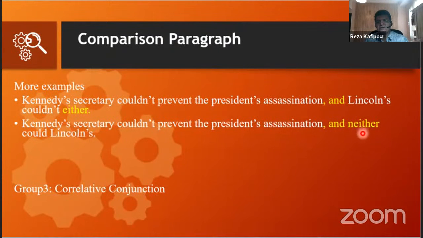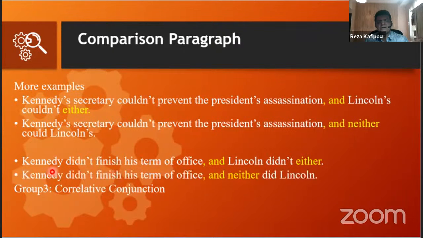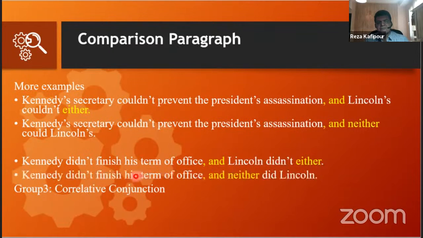So after "neither", we need a positive auxiliary verb. We said because "neither" itself is negative. So the other one, Kennedy didn't finish his term of office and Lincoln didn't either. Another example, the same sentence: Kennedy didn't finish his term of office and neither did Lincoln. So there are some examples to practice this structure.